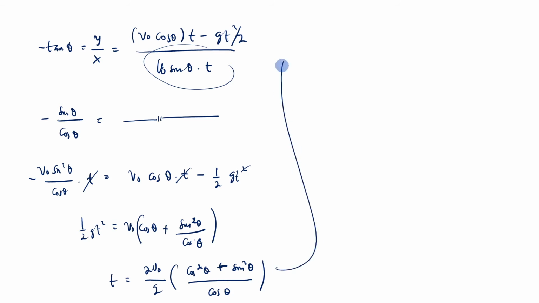And we can simplify this term by the trigonometric identity, where this equals 1, so that t equals 2 V0 divided by g cos theta, like this. Okay, this is the distance and the time when the person throws the ball perpendicular to the plane.